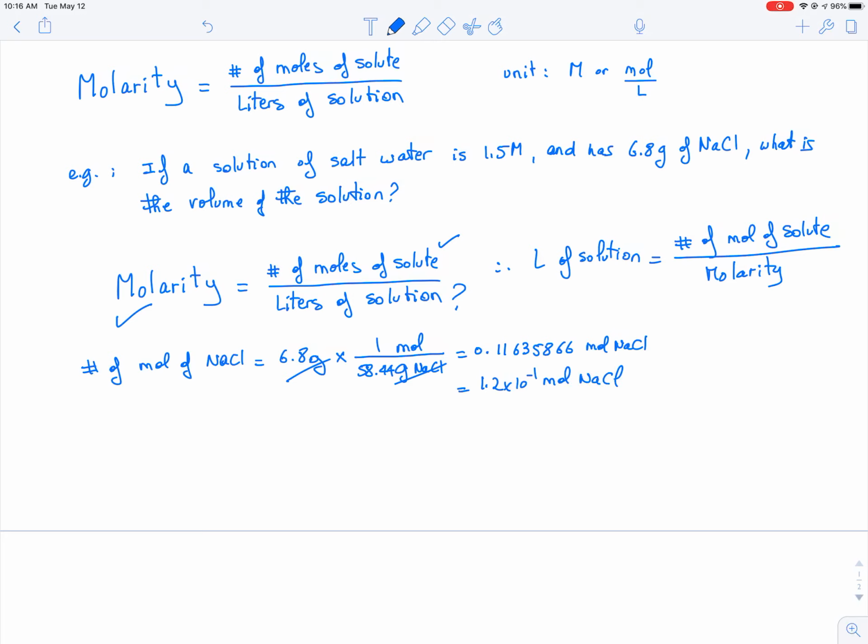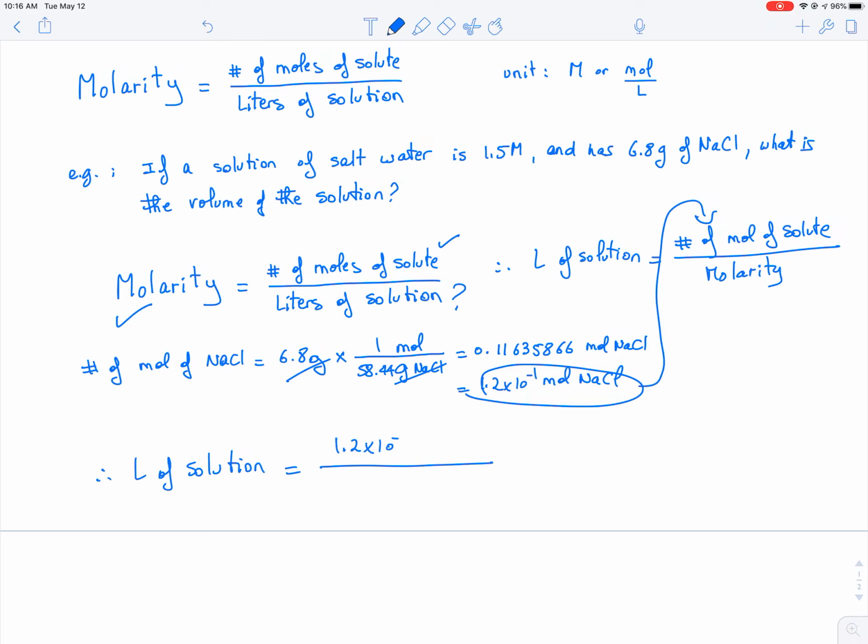So what do we do? You plug this number in here. Okay? So therefore, liters of solution is equal now to 1.2 times 10 to the negative 1 moles of NaCl divided by the molarity, which is 1.5 moles per liter.